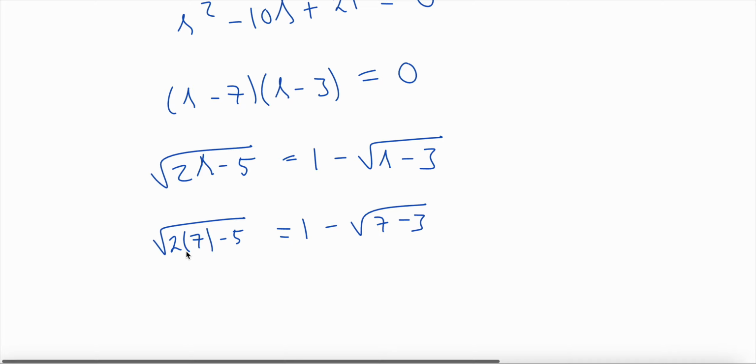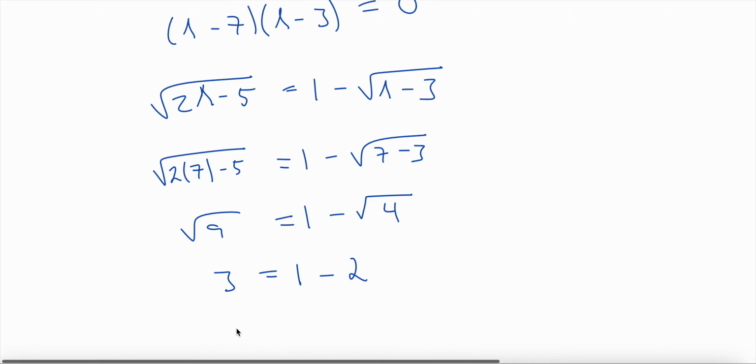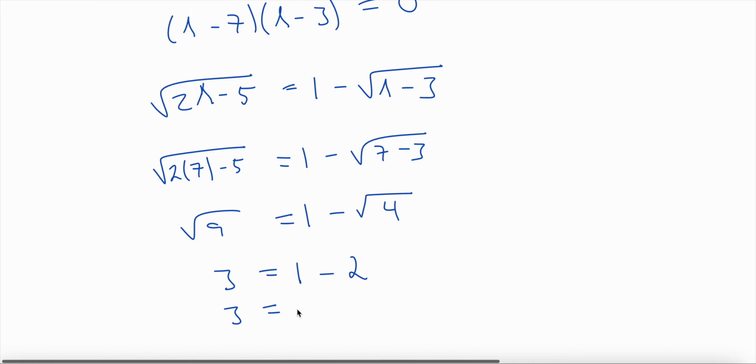And that's going to be 14 minus 5, so the square root of 9 equals 1 minus, and 7 minus 3 will be the square root of 4 over here. And that is 3 equals 1 minus 2, which would be 3 equals negative 1, and that is not going to be true. So 7 will not be a solution here. That's going to be an extraneous solution.